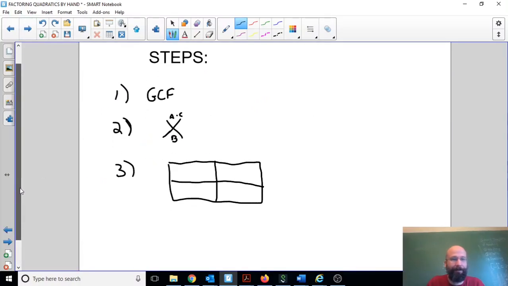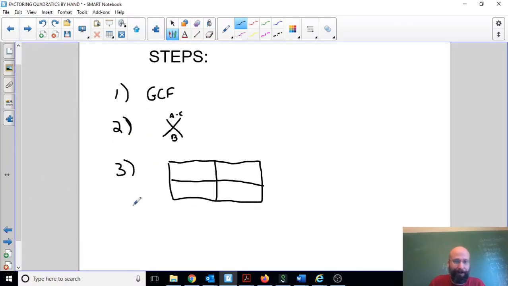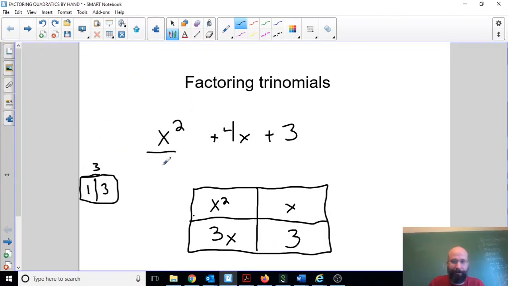And now step 4 would be to find the GCF of the terms in the box. So for this one, we find the GCF of these terms going up and down, going this way, which would be x squared and 3x, which is x.